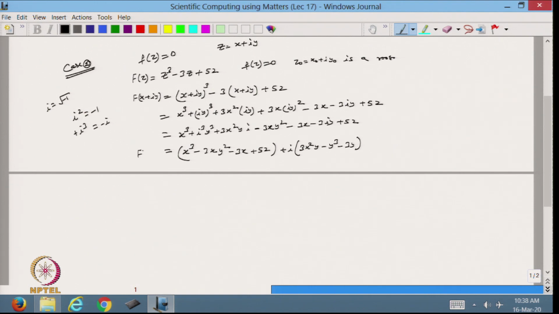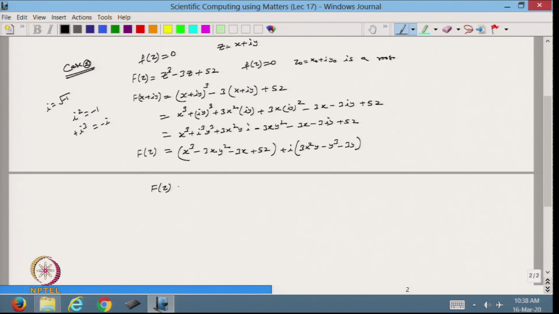So from here I can write my f(z) as a function of x and y, f(x, y), plus i times another function of x and y. I can take g as a function of x and y. Now, if I am able to find the values of x and y such that f(x, y) is equal to 0 and g(x, y) is equal to 0, then f(z) will be 0.